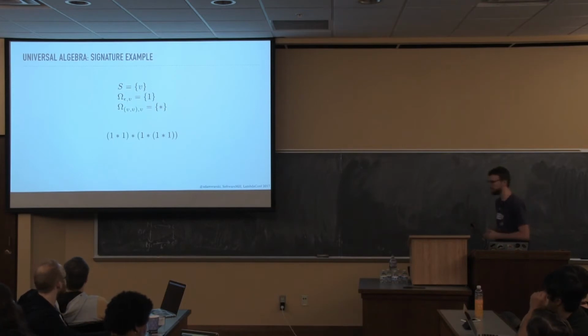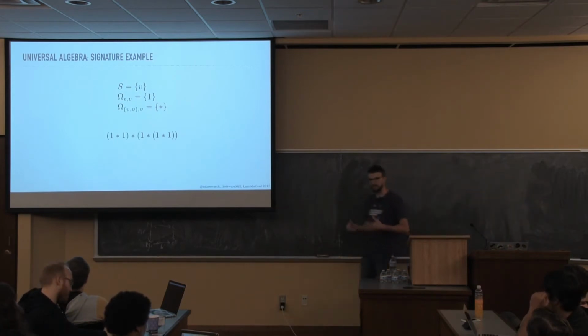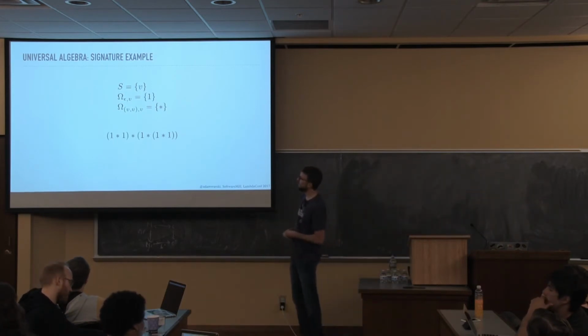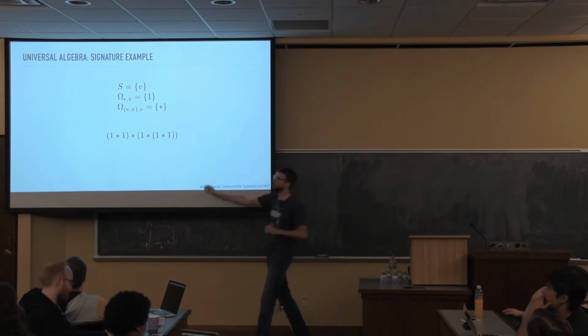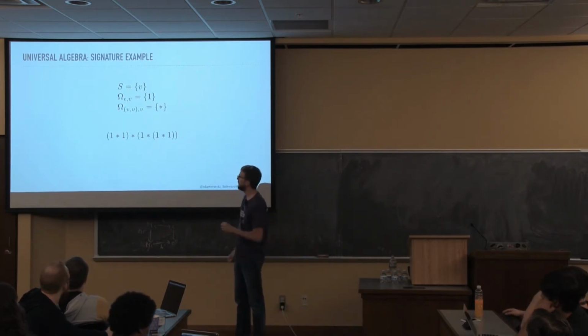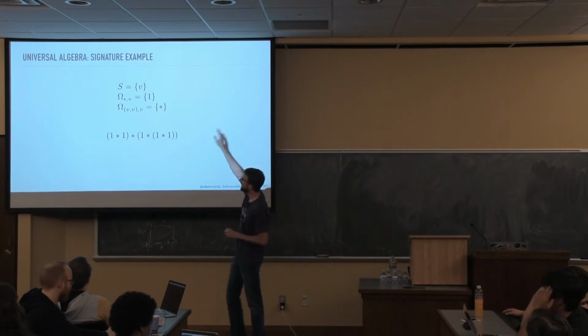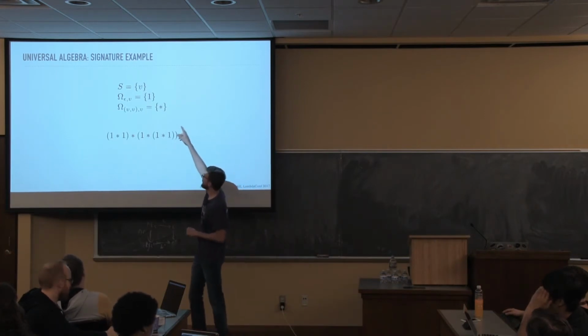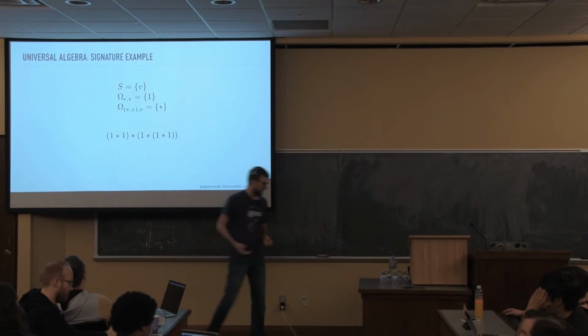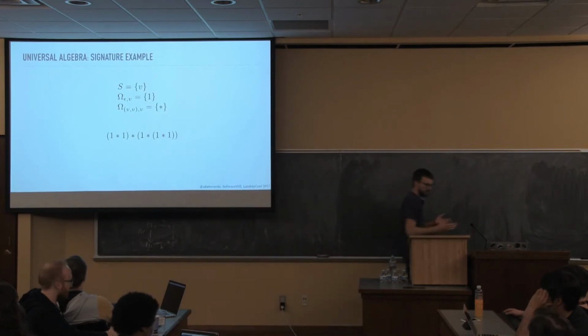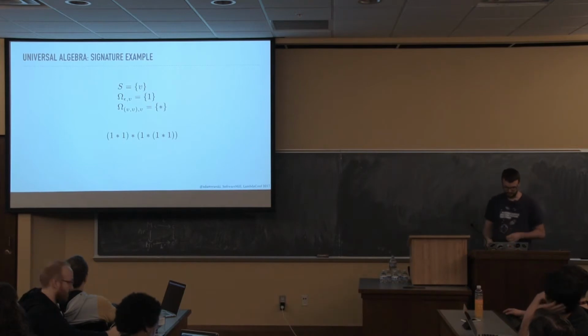So another example which we'll be using later is a much simpler signature. So that's another signature with a different set of symbols, right? Here we have 1 constant 1, and we have 1 binary operation star, and we have only one type name. So we can define various signatures in that manner.